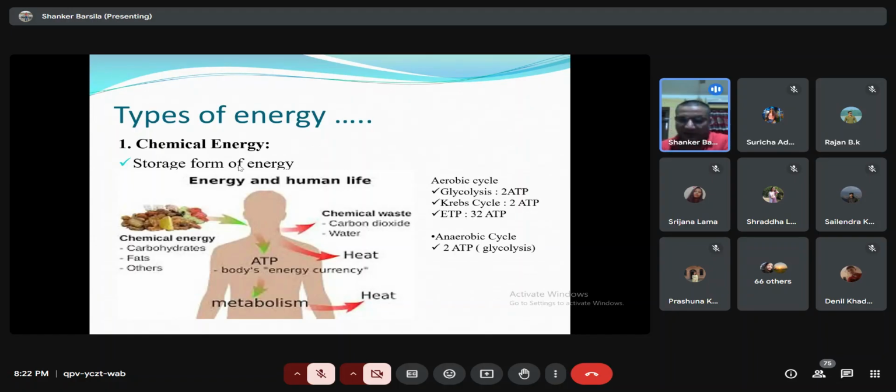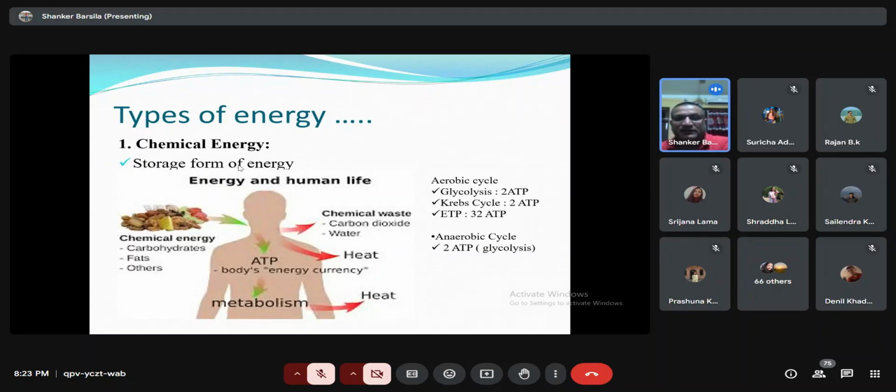So in the aerobic cycle, when the energy is not made through the aerobic process, then your muscle starts producing the energy in absence of oxygen. So it may be less efficient, but energy is produced. Or if you are running, if you are in sport, then sometimes the energy released through the oxidative process is not enough.